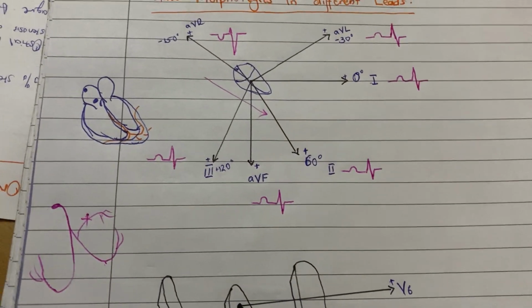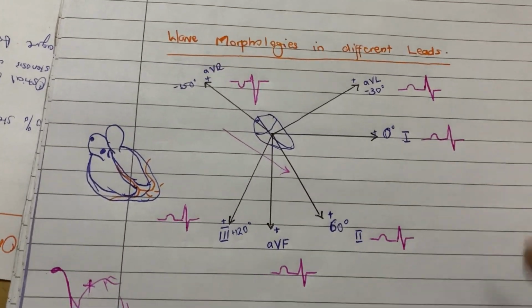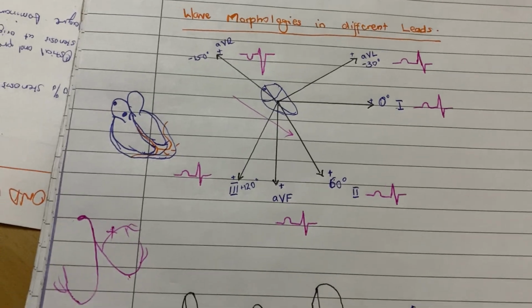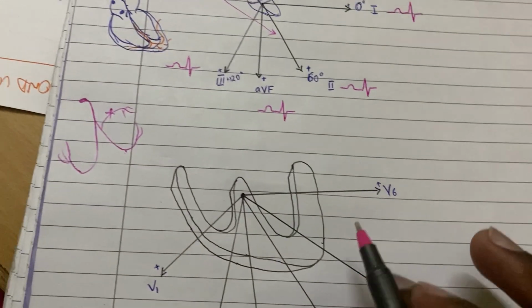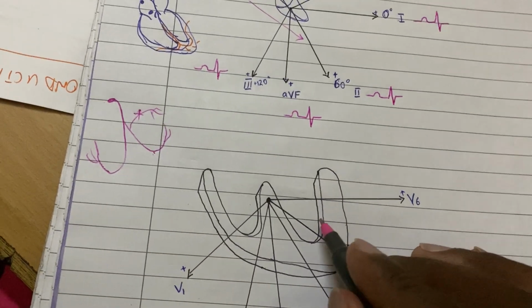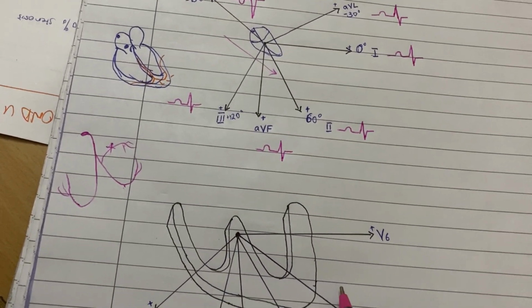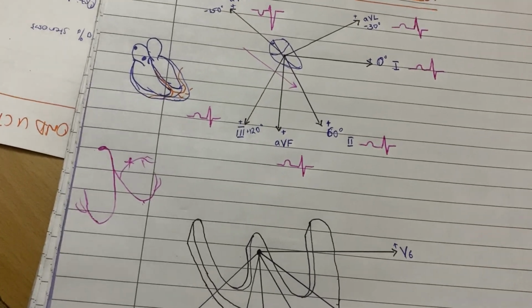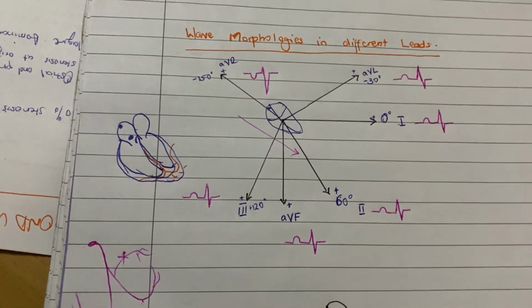And then the T wave is due to repolarization. Remember we said that repolarization happens from epicardium to endocardium. Depolarization is in this direction, but repolarization is from outside to inside. Now, the T wave is positive. Why is it positive?